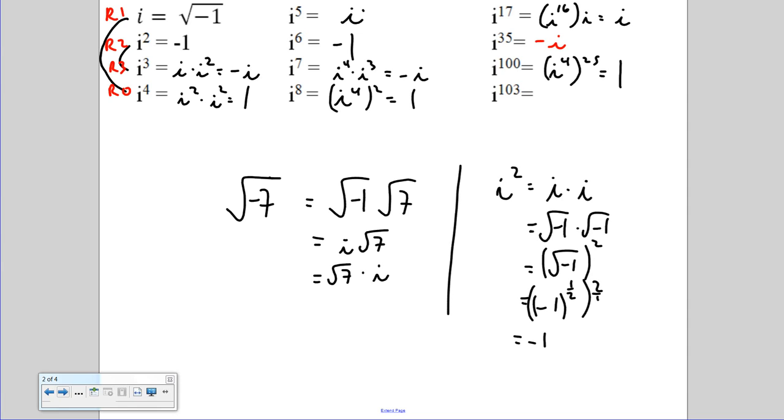What's the multiple of 4 closest to 103? 100. And then how much left over do I have? 3, which means that's going to be -i. In fact, what you could do is just divide by 4 and see what the remainder is. So if I took 4 into 103, I can see that's going to be 25, and there's a remainder of 3.